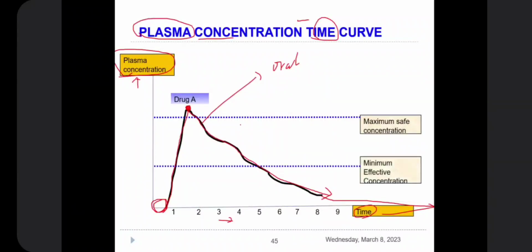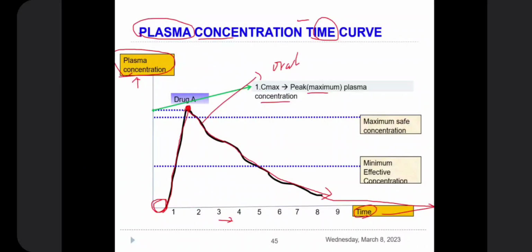And here we have some parameters, like the effective region, from the minimal effective concentration to the maximum safe concentration. This is the therapeutic region. And the peak is the Cmax, meaning the maximum concentration.